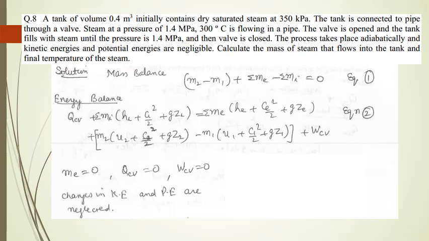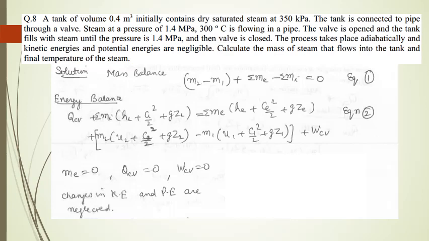The steam flowing through the pipe is at 1.4 megapascal and 300 degrees Celsius. As temperature is given along with the pressure, the indication is that it must be superheated steam. By looking into the steam tables, we can ensure that if the given temperature is higher than the saturation temperature at 1.4 megapascal, then the steam is superheated.